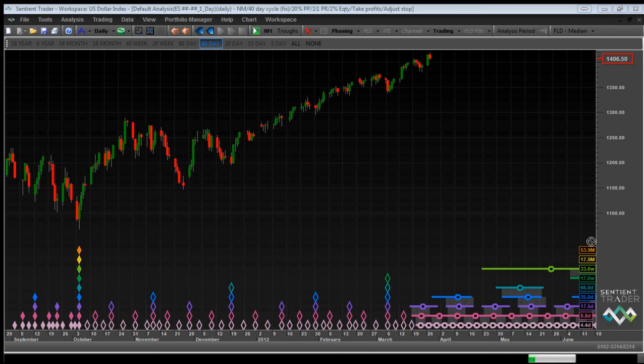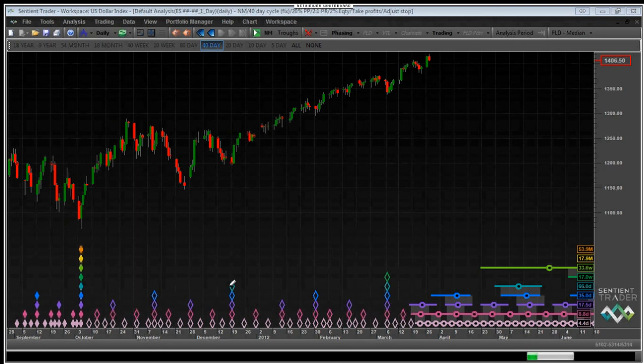Although you can raise question marks about an analysis a few years ago, it's not really very important in terms of the analysis. And Sentient Trader often skimps the analysis process when it's looking that far back. Because what's very important is what has happened recently in terms of you making trading decisions today.